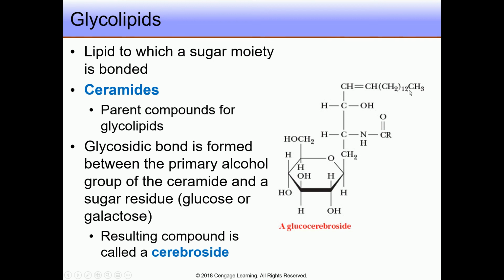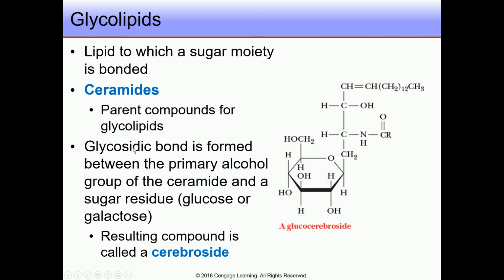So this is sphingosine, and the carbon attached to the amino group is attached to a fatty acid here, and this is the carbon attached to the hydroxyl group, and on this carbon where the hydroxyl group is, the sugar is attached.